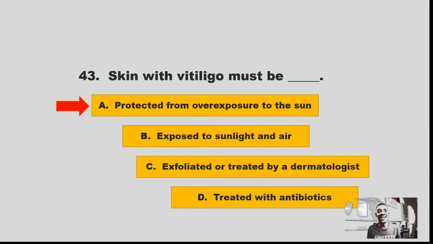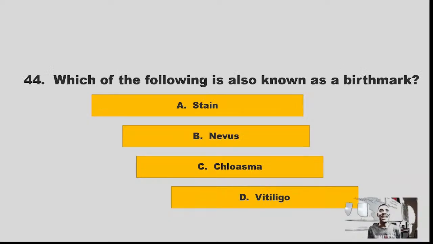Okay, ready? We got more to go. Here we go. Which of the following is also known as a birthmark? So would you say that it is a stain, nevus, chloasma, or vitiligo? A, B, C, D, what do you think?